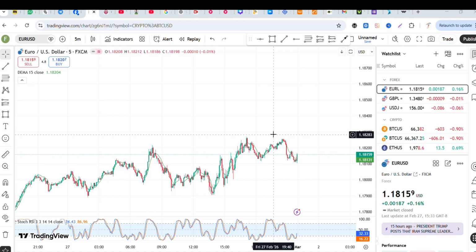Those are the four things that we looked at, and I'll be taking you through them again, but briefly. For this tutorial, I'm going to be using a Forex pair, the EURUSD, as you can see here.